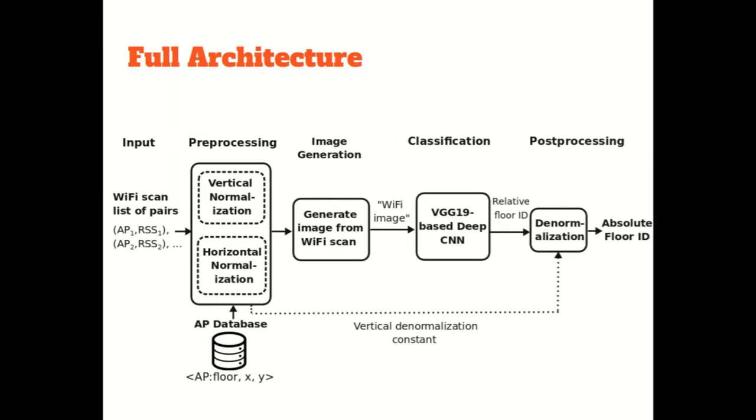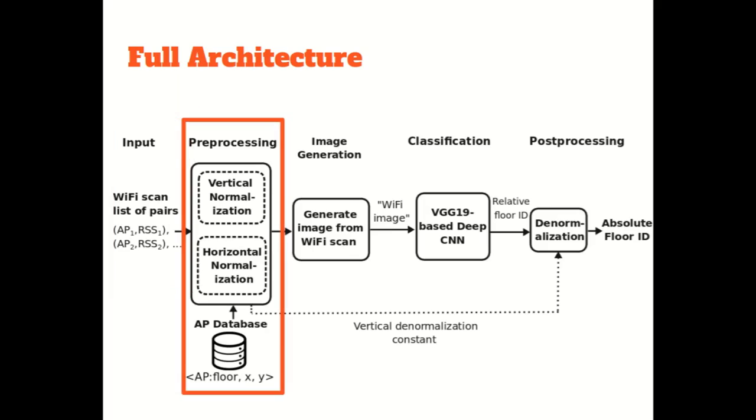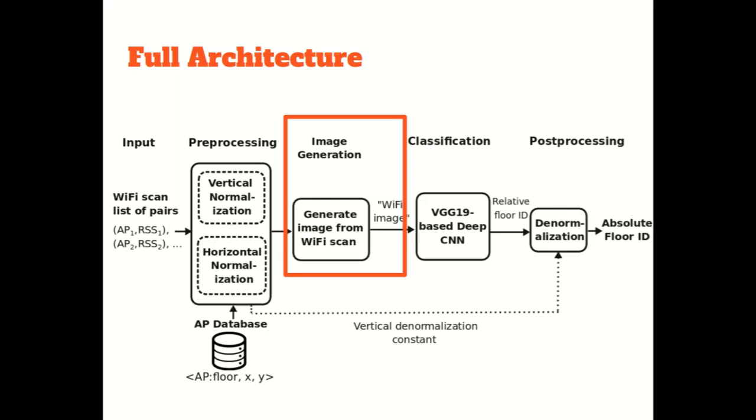Now let's move on to the full architecture of the StoryTeller. We have the input, which is a list of currently detected Wi-Fi access points and their signal strengths. First, during pre-processing, the problem is transferred to the virtual building to make it independent from the actual building. Then, the Wi-Fi scan is converted to an image.